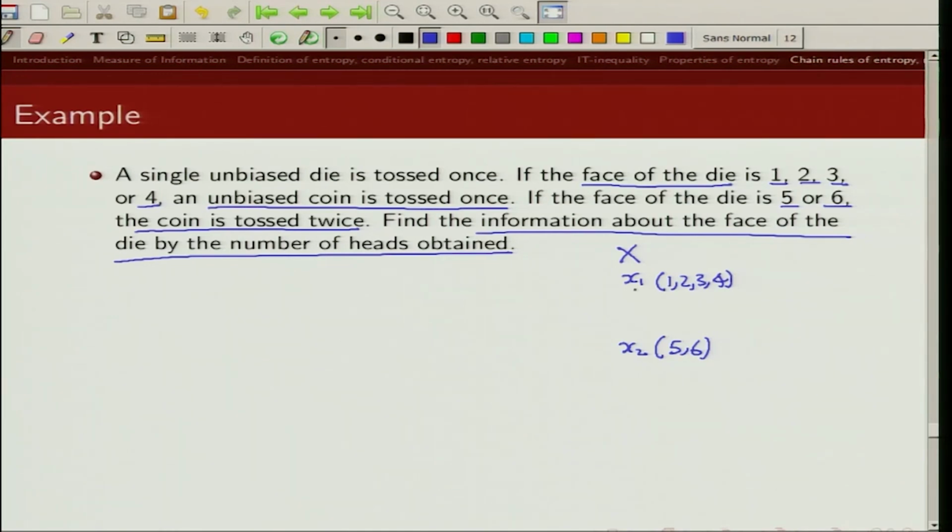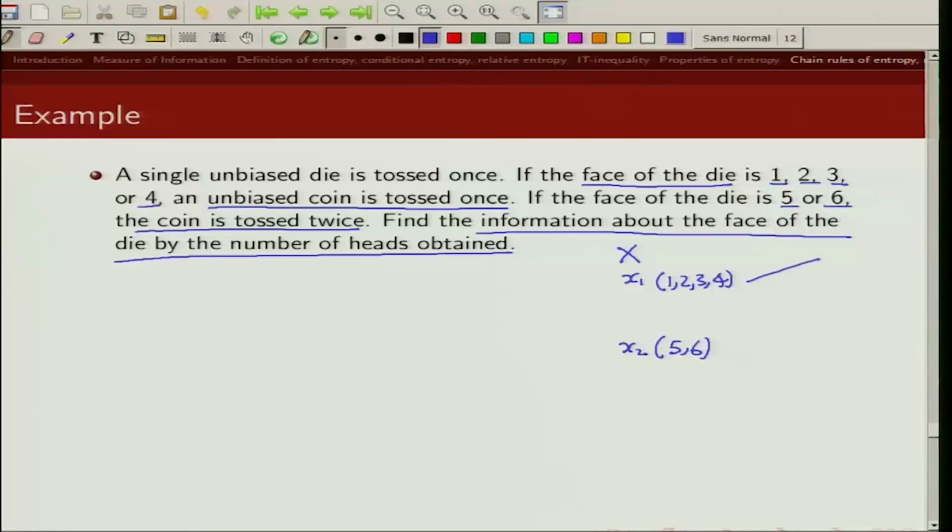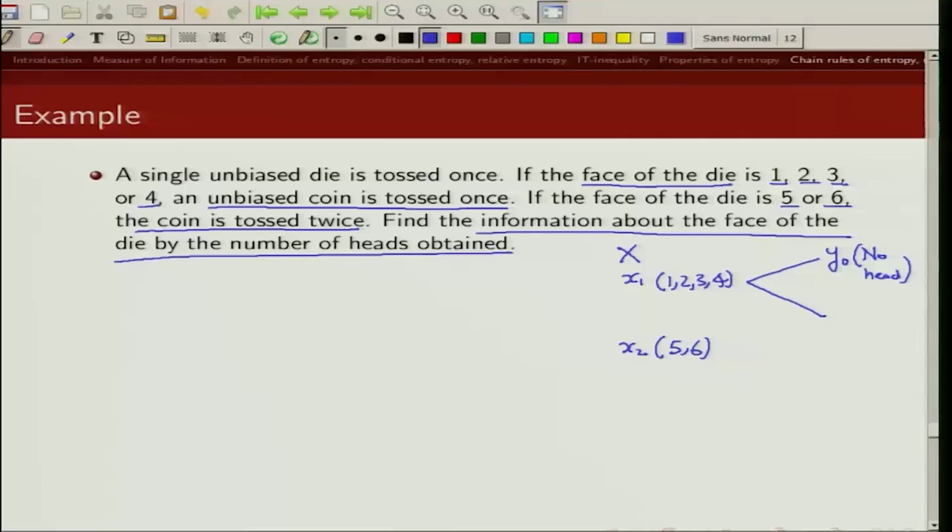Now if I get 1, 2 or 3, I toss a coin once. If I toss a coin once, what can I get? I can get a condition when there is no head, or I can get a condition that there is only one head, correct.